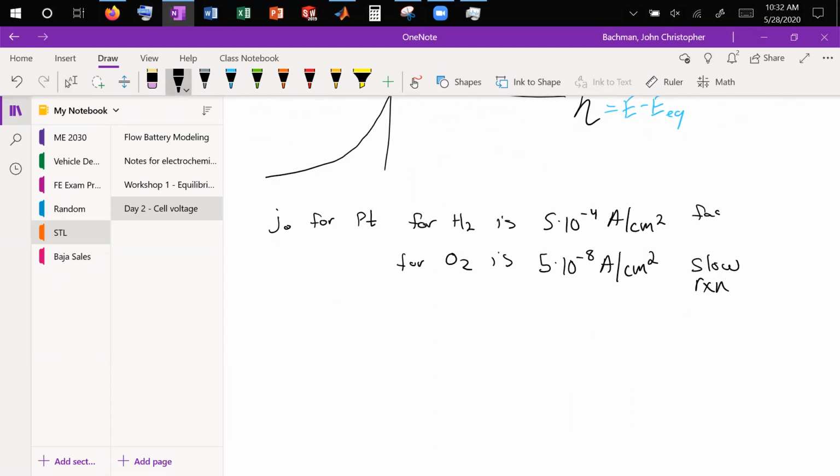This is your fast reaction in the fuel cell. Where do you think you put more of a catalyst to help speed up? On the oxygen side? Yeah, right. Your oxygen's really limiting you, and so you need to put it here.